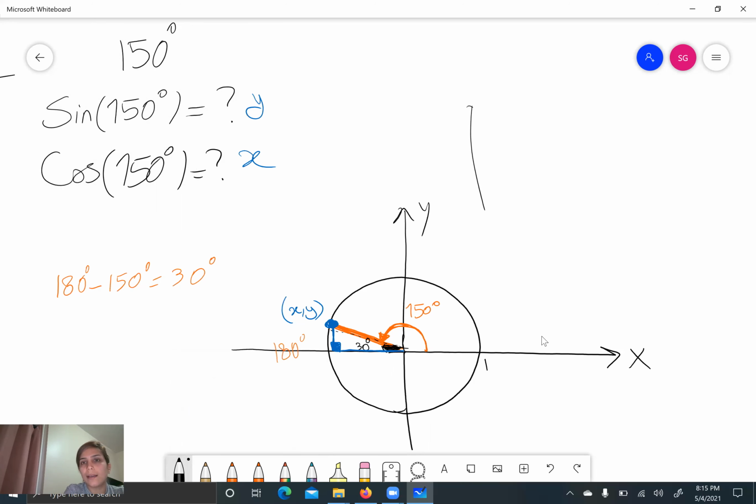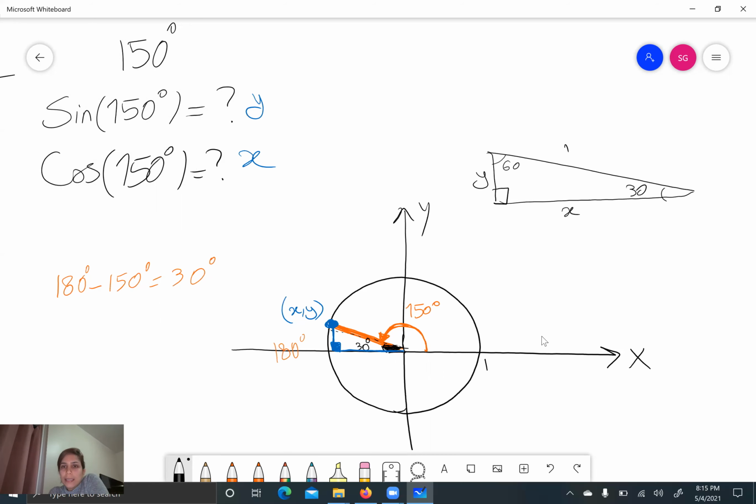It's a triangle like this, right? This is 90, this is 30, this is 60, right? And this is the x, this is the y, and this is the 1. And we are wondering what x and y are, because those are going to give me the cosine and sine.